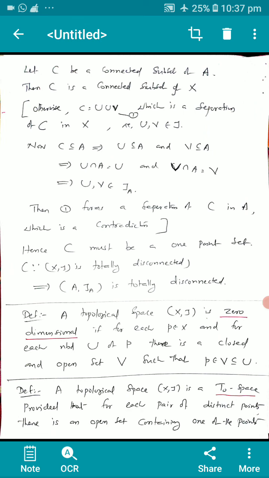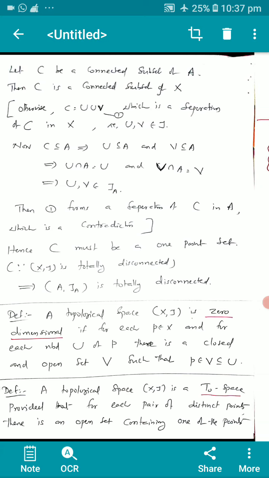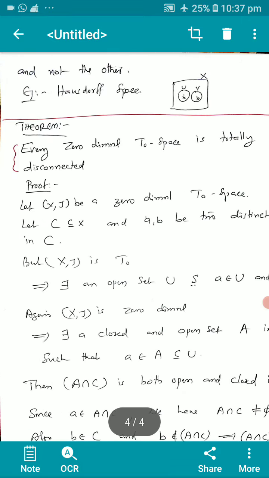So the point x is there and U is an open set containing this x and U does not contain y here. Therefore, a Hausdorff space is an example for a T0 space.